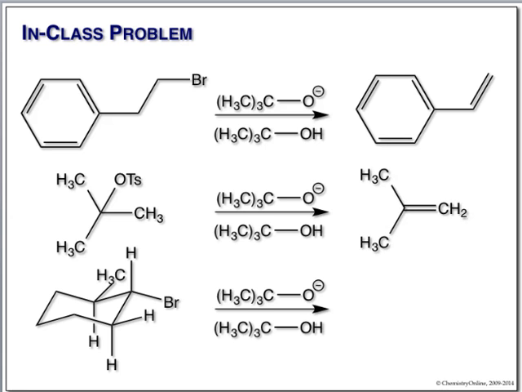Now finally, let's look at this guy. This is a good test question. We're going to do an E2 elimination, aren't we? We know that we must pull off a hydrogen that is trans to the leaving group, right? So let's look at our leaving group here. It's equatorial, right?